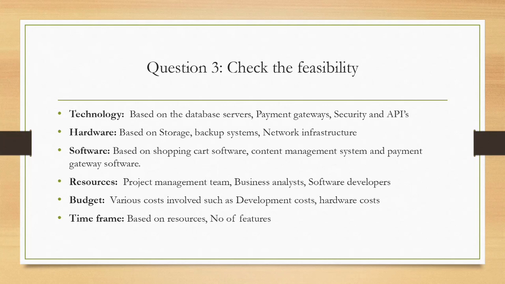And what is the budget? According to this case study, the budget is 1 crore, and the time frame is 1 year. So within this timeline and budget, we check whether we can complete it or not, and then we will take this project. You need to write down in terms of all these things.